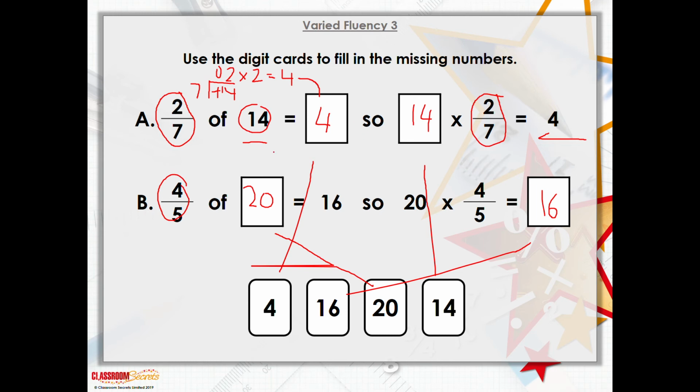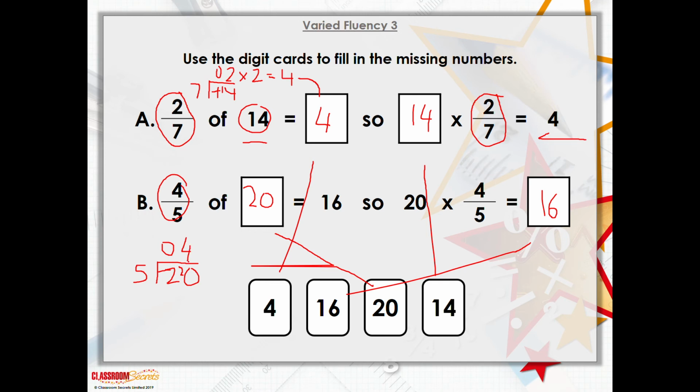Okay, let's have a look at 4/5 of 20. So again, my amount is 20. I want to find a fraction of an amount. My denominator, which I'm going to use as a divisor here, is 5, represents fifths. 5's into 2 goes 0. I want to exchange my 2 10s, make it into 20 1s. 5's into 20 go 4.